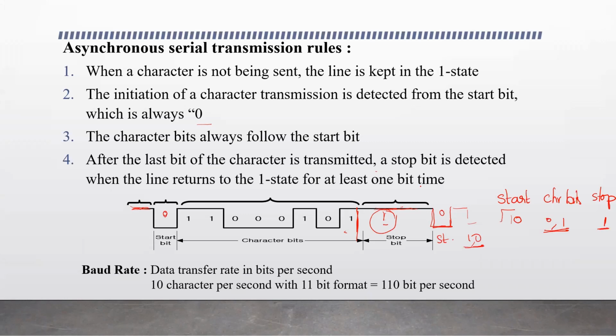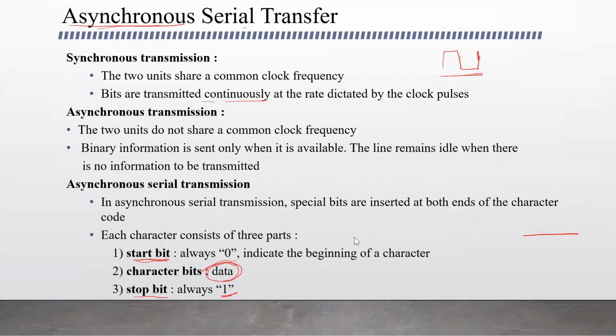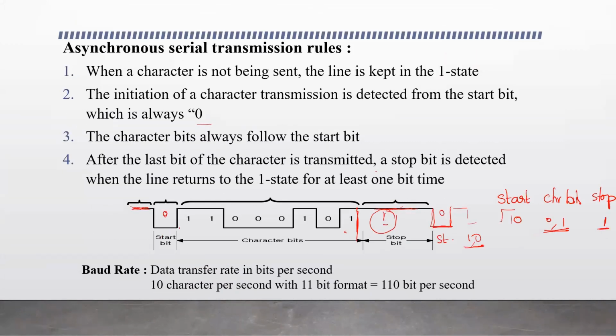So this way the special bits are inserted at the beginning and end of the character and transmitted in asynchronous serial transmission. See here, what is baud rate? Baud rate is the data transfer rate in bits per second.